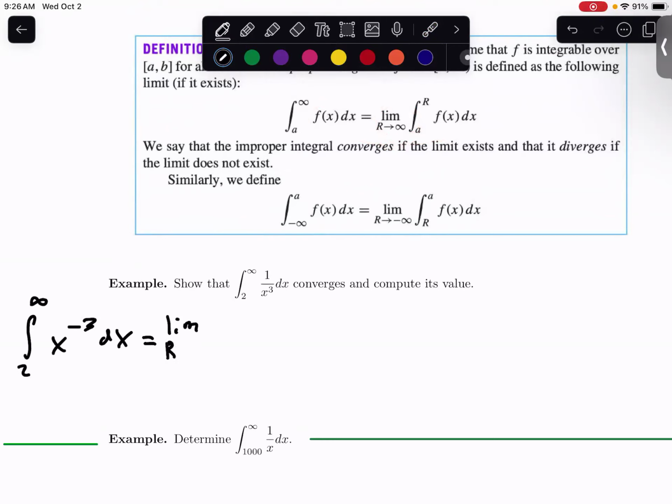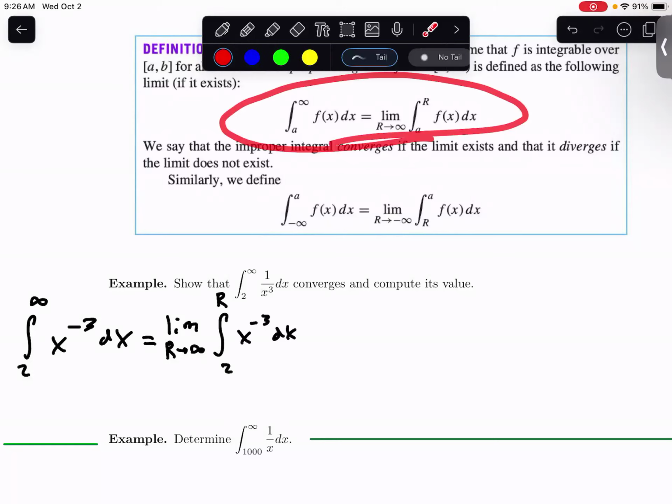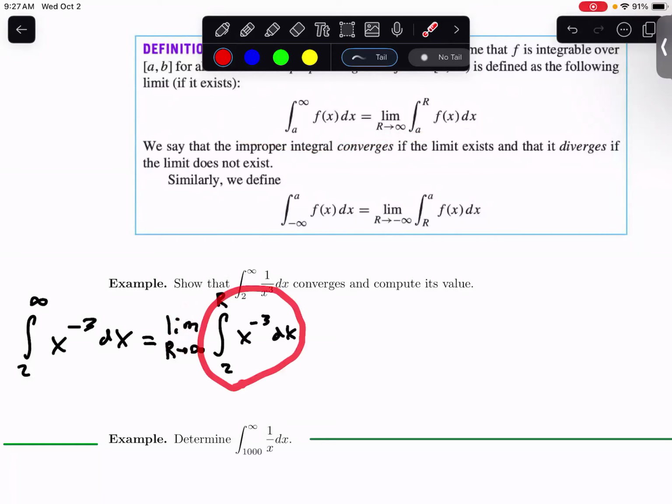So we're going to take the limit as r goes to infinity of the integral from 2 to r of x to the minus 3 dx. All I'm doing is following what's written up here inside of the box. And now you pretty much just ignore the limit until the very end. You just compute this definite integral in terms of r, and then you compute a limit at the end.